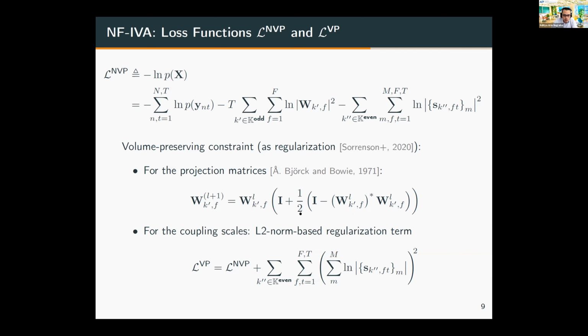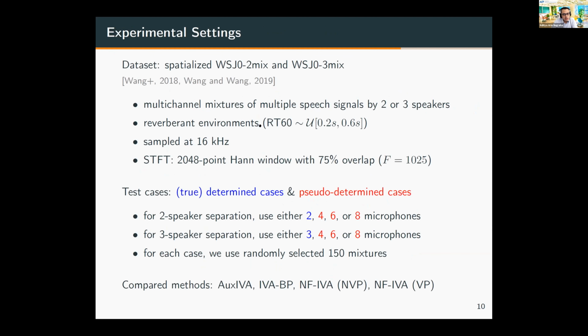So using these two approaches, ideally, the log absolute determinant here will be 0. We evaluated the proposed NFIVA for multiple speech separation tasks in reverberant environments with different numbers of sources, different numbers of speakers, and also different numbers of microphones.